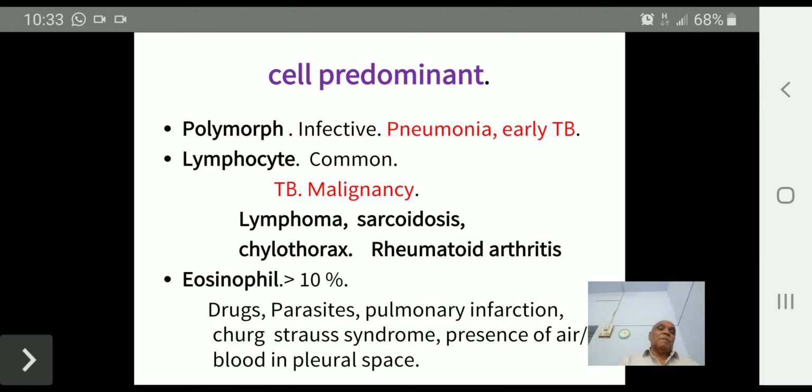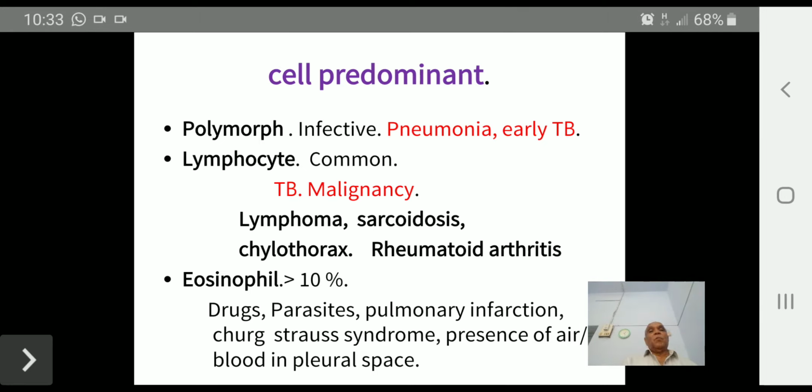If we see the cell level, in the case of pneumonia and early tuberculosis, cells are mostly polymorph predominant. Pneumonia and TB have polymorph predominance for up to 2 weeks. In the case of tuberculosis, polymorphs are later replaced by lymphocyte predominance.